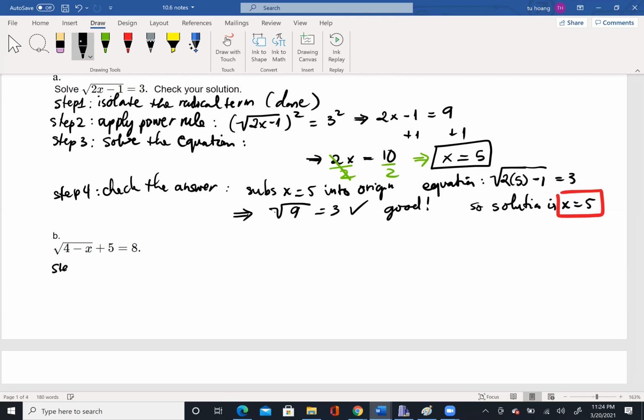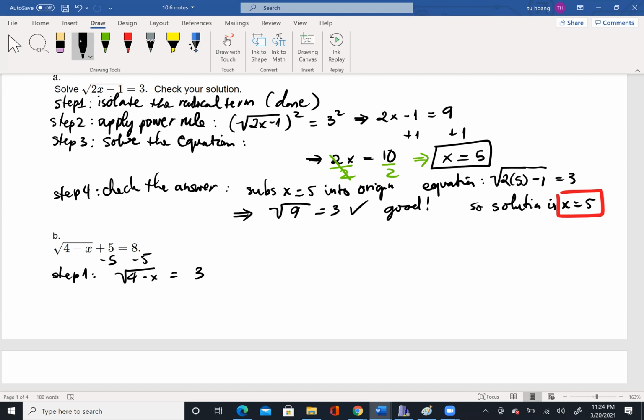So step 1, I need to subtract both sides by 5, right? And I have the square root of 4 minus x equal to 3.